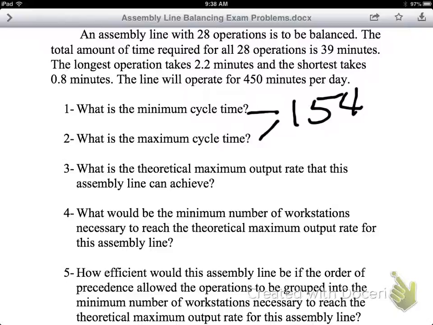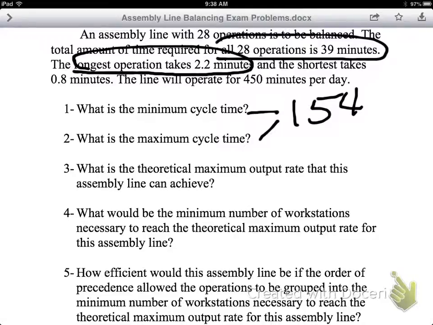So cycle time cannot be any shorter than the longest operation time, and it can't be longer than the sum of all tasks.